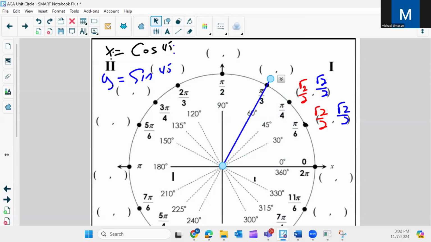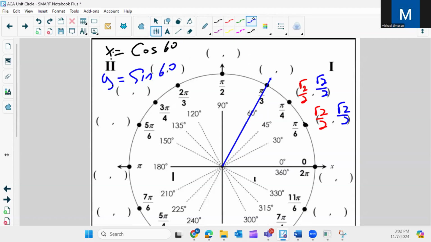I'm just going to replace the angle in the formula to find X and Y. And if you look again at the triangle that you did, the cosine of 60.